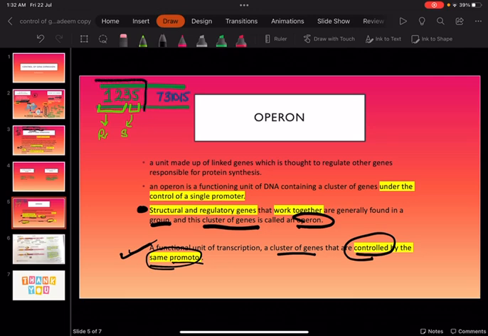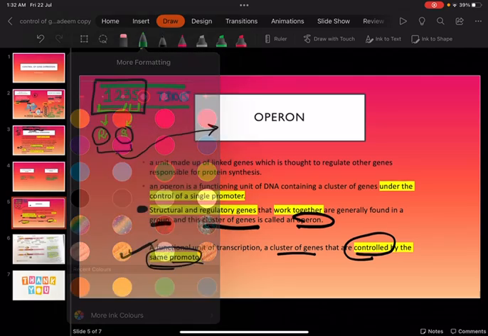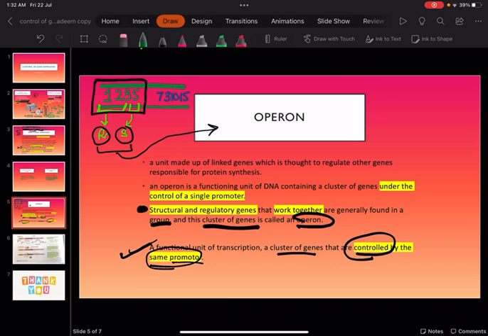The whole unit that consists of the regulatory and the structural genes is called the operon. And behind these genes, the regulatory and the structural genes, we have a unit that is called the promoter unit.